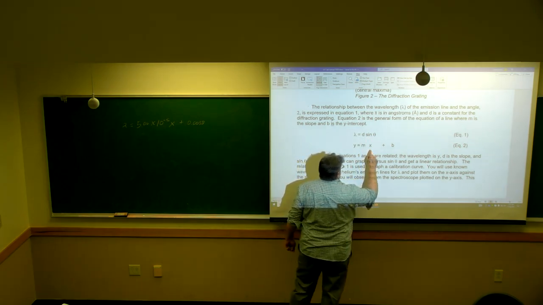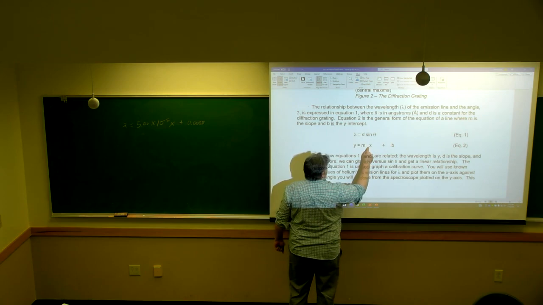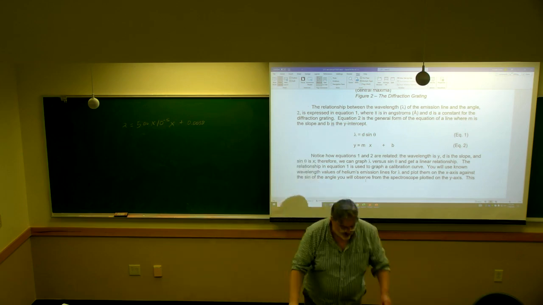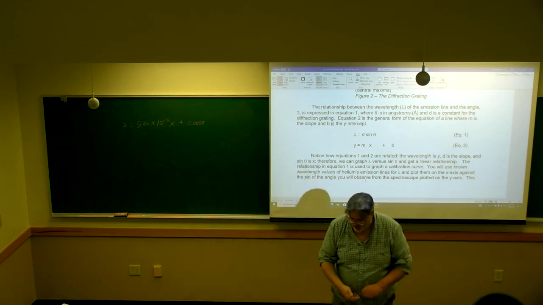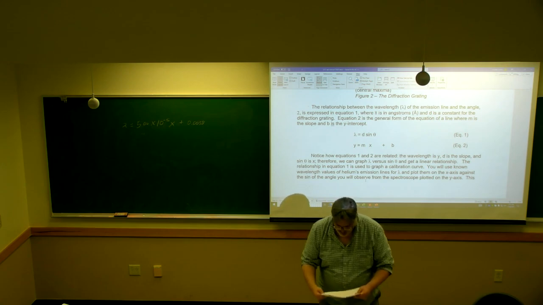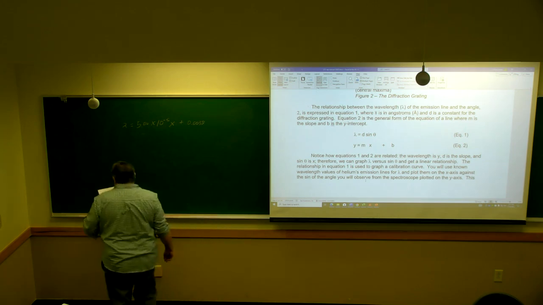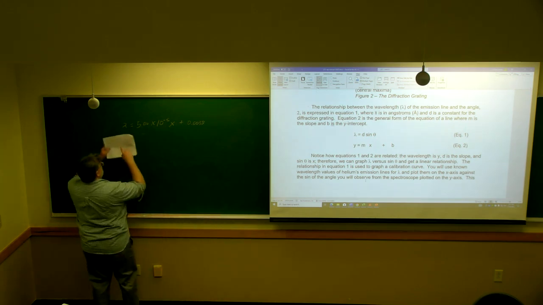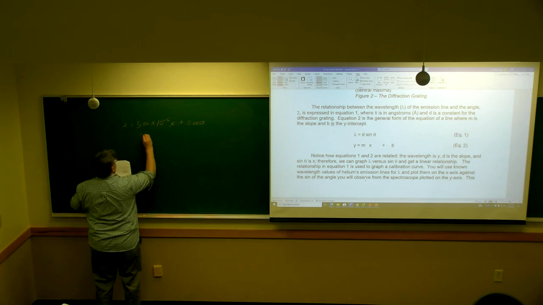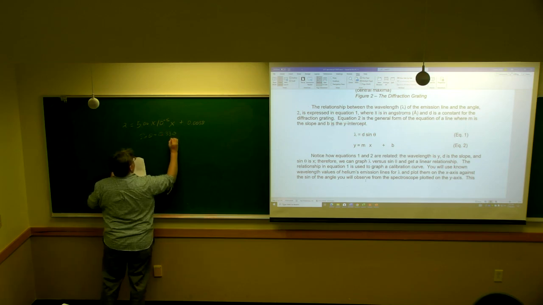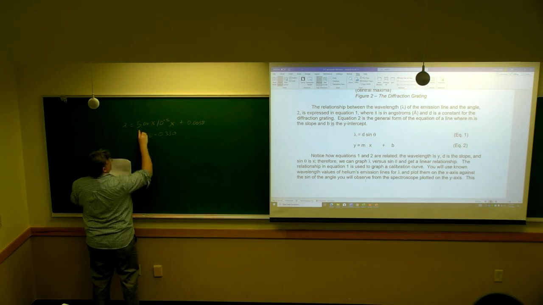So you find sine theta, you plug it in for x, you multiply through for y, and that tells you what that lambda is. So for instance, he has for sine theta, so I'll plug that in for x, multiply this.